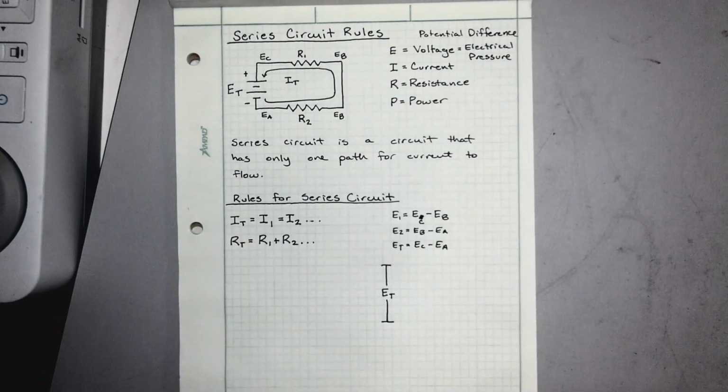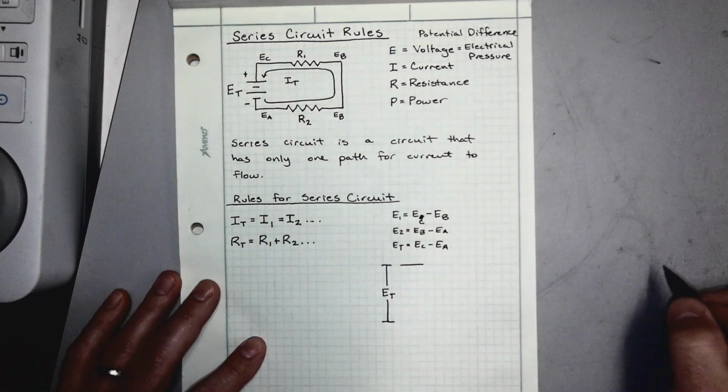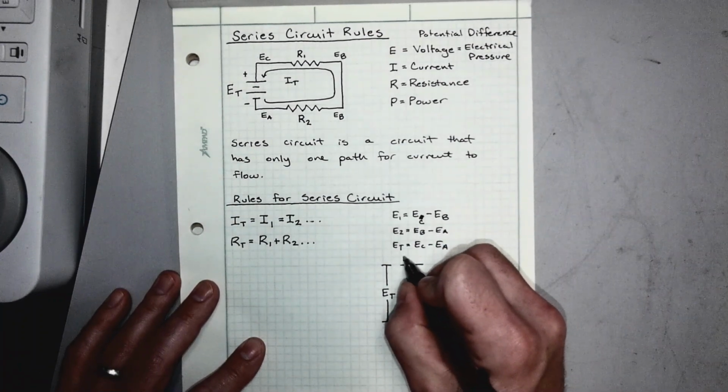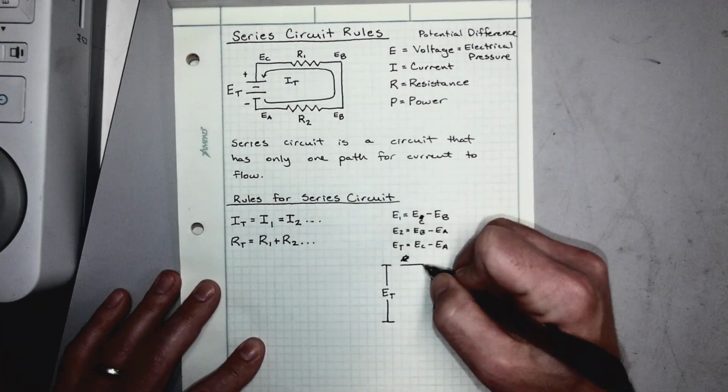So think about potential energy, height above the ground. Some object that is some certain height above the ground is going to have some potential energy due to gravity. And so up here, which is the top of the staircase, that potential is going to be ET.